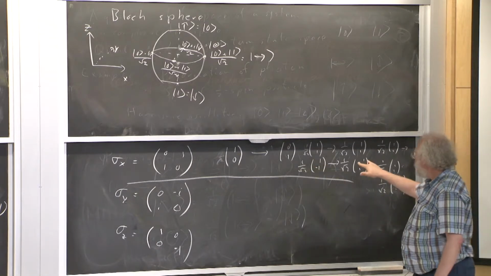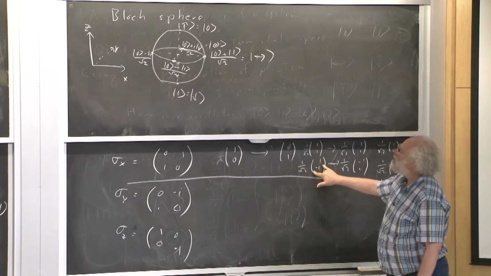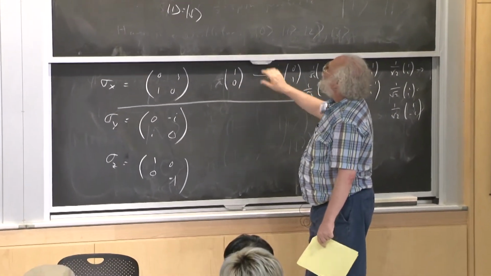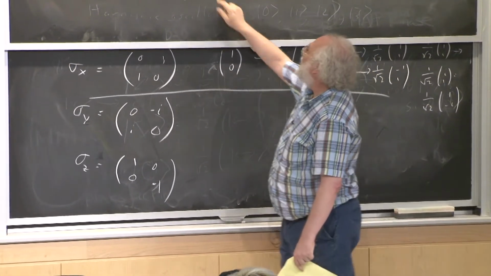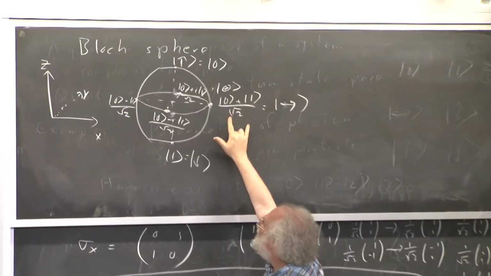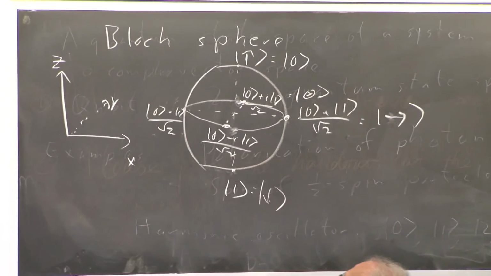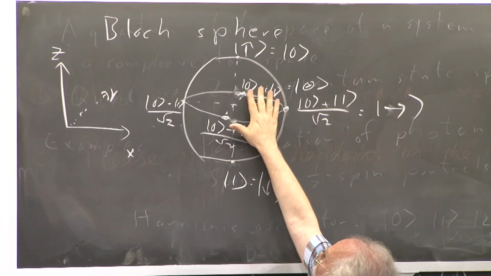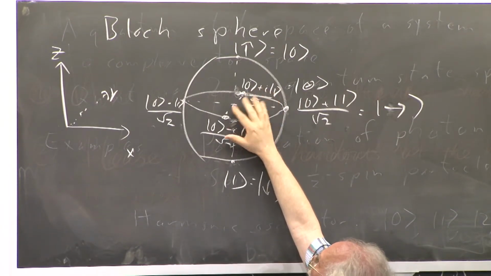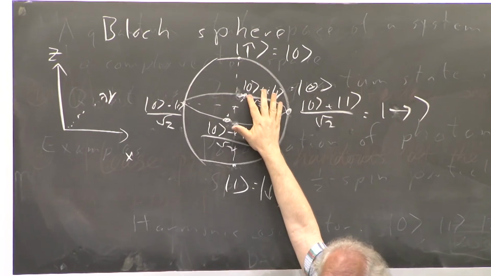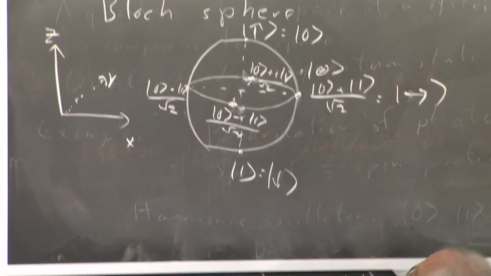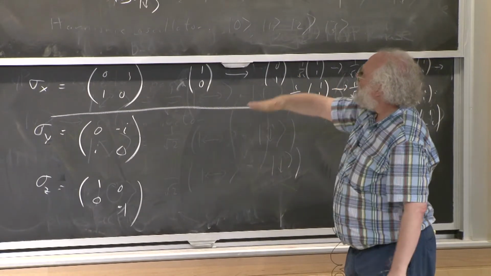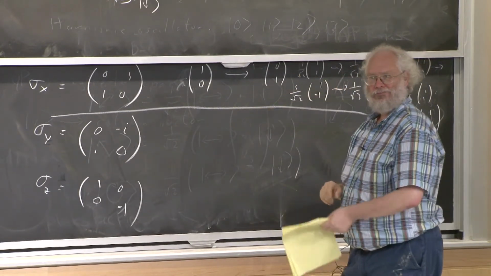So as I said before, this is essentially the same vector as this. So it leaves this vector unchanged. It leaves this vector unchanged. It takes this guy to the top, and it takes this minus y unit to the y unit, and vice versa. So it's a 180-degree rotation around the x-axis.